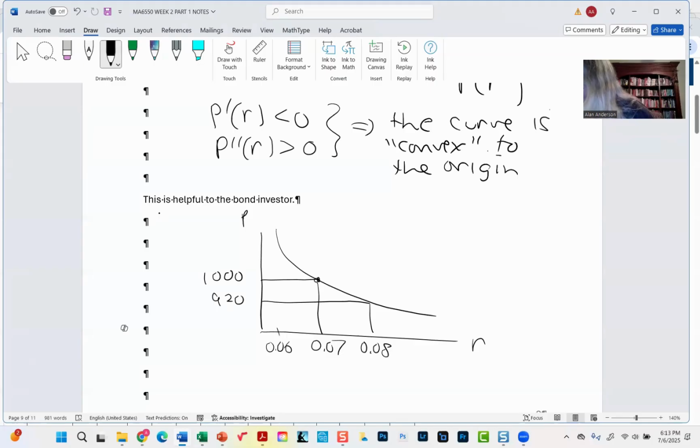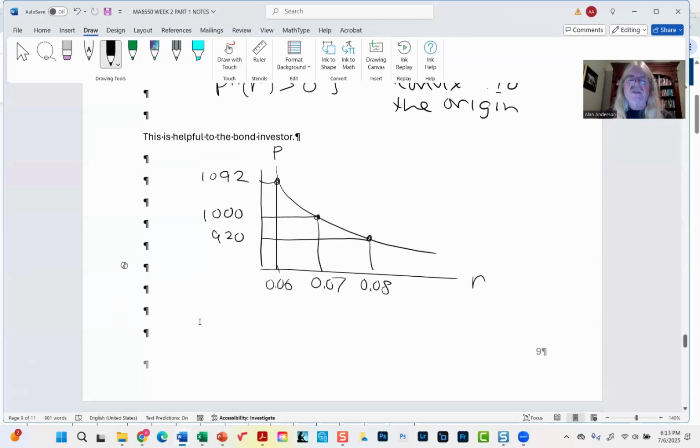But if the yield drops to 6%, the price goes up to 1092. Of course, I just made up these numbers, but the principle is the same. So what this is showing us is that there's an asymmetry between the gains and the losses to the investor as the yield to maturity changes.